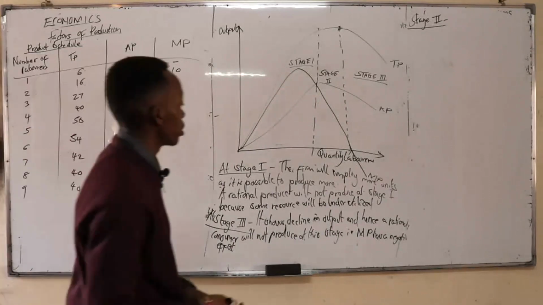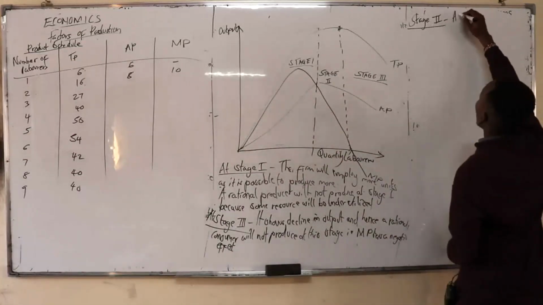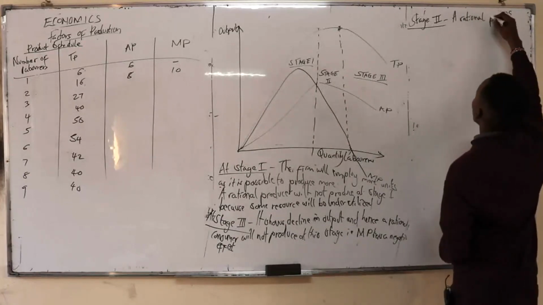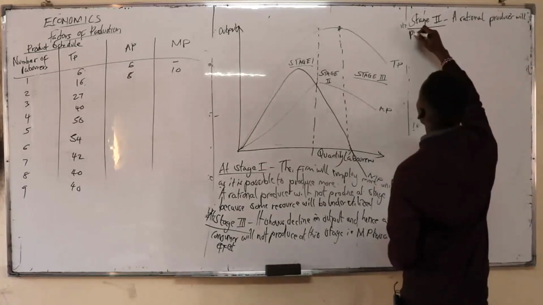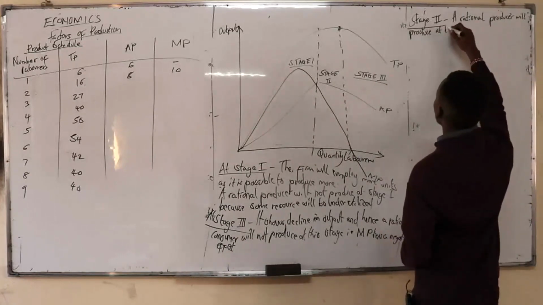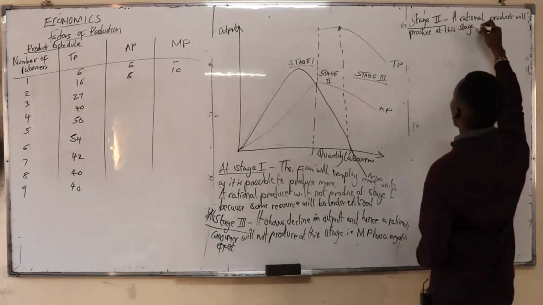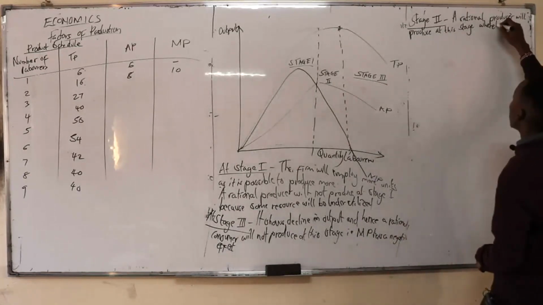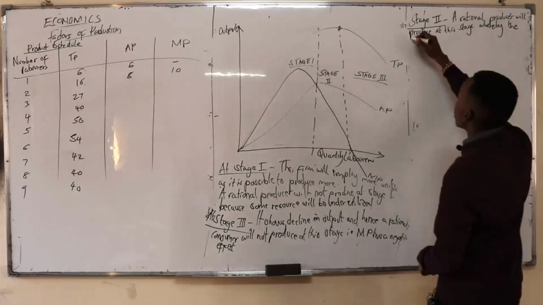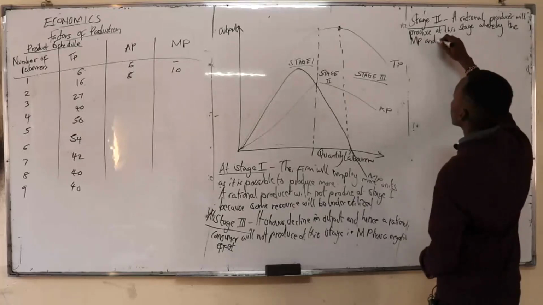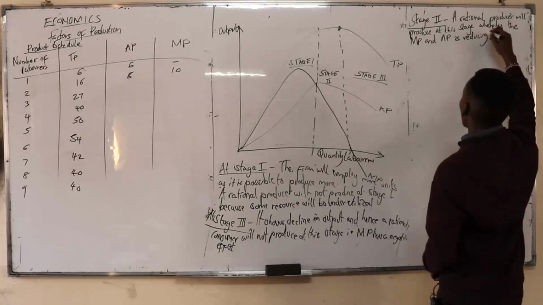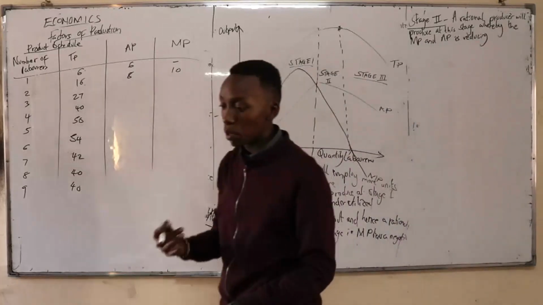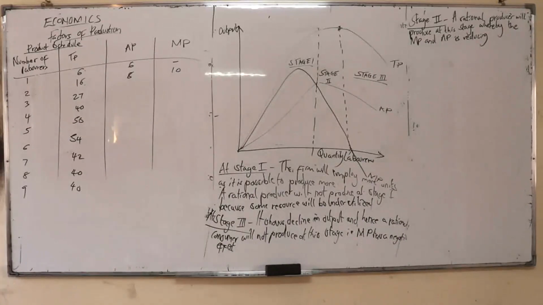So in this case, you can say a rational producer will produce at this stage, whereby the marginal product and the average product is reducing. So before it gets to the negative point, you can actually add more units before it starts becoming disastrous for you.